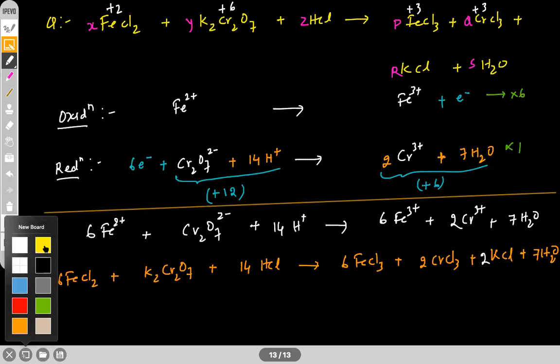Okay, try this one. This is the ionic form given: MnO4 minus plus C2O4 2 minus plus H plus.